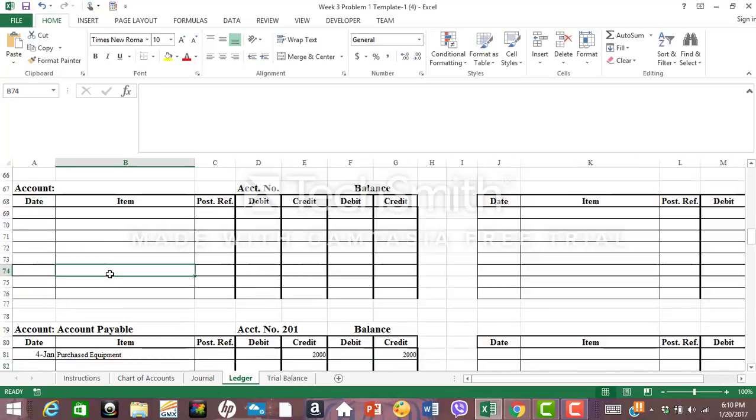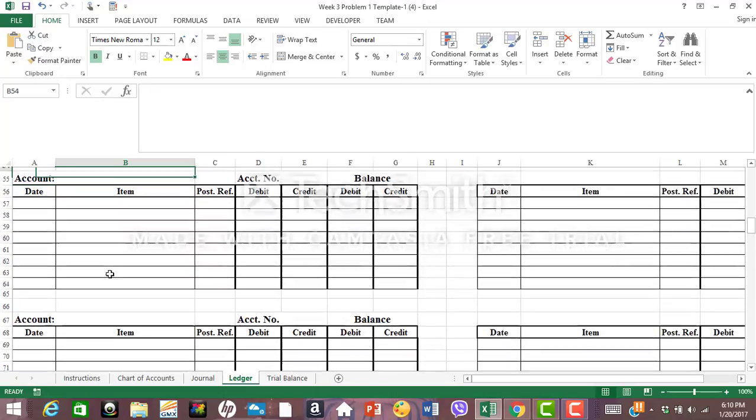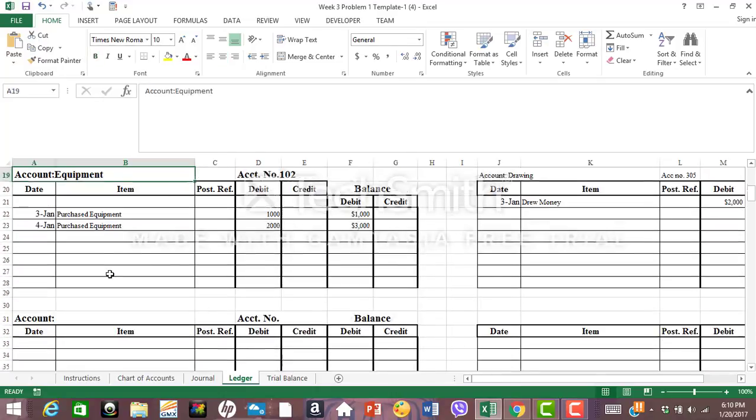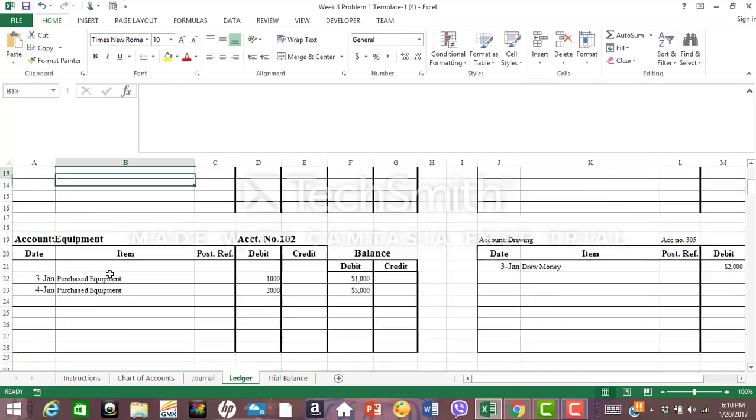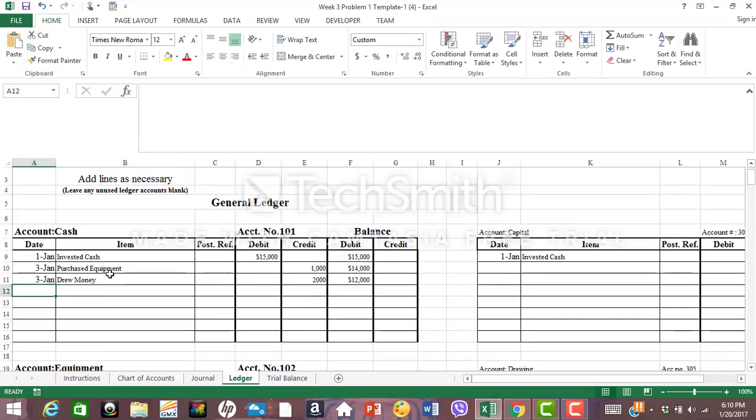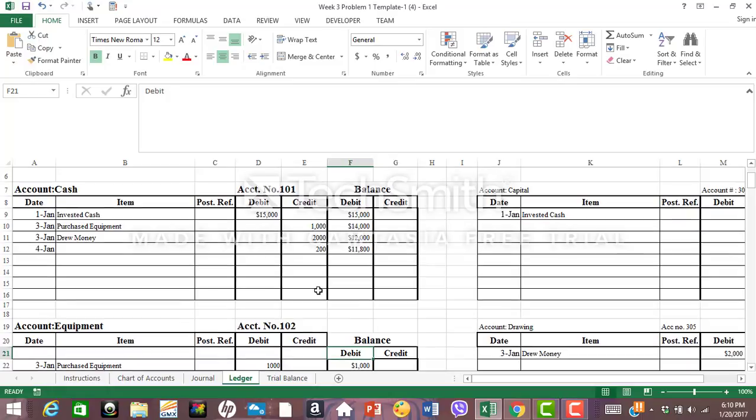So then we go over here and we say the cash is getting affected on January 4th. And then he's paying $200 cash. So now your balance is your 12,000 before minus the 200 that you just paid, which is 11,800.